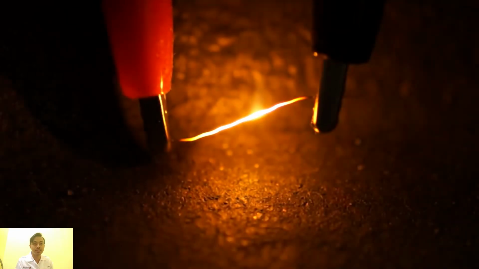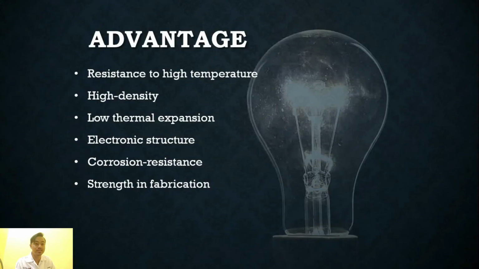Tungsten has low thermal expansion. Why? Because it is able to withstand a high temperature, and it is a stable metal. That's why it can withstand the heat and maintain its shape even at a high temperature.